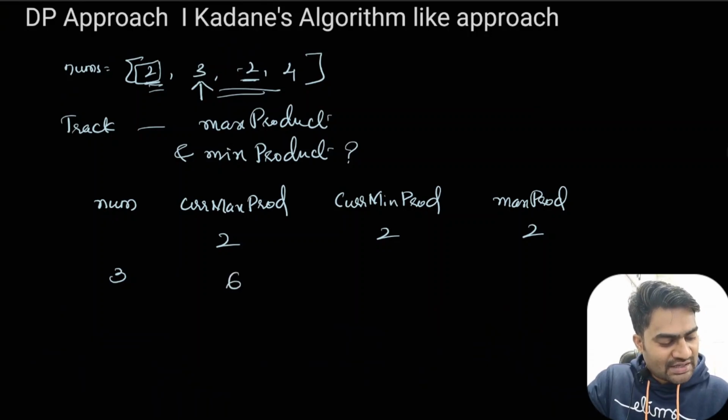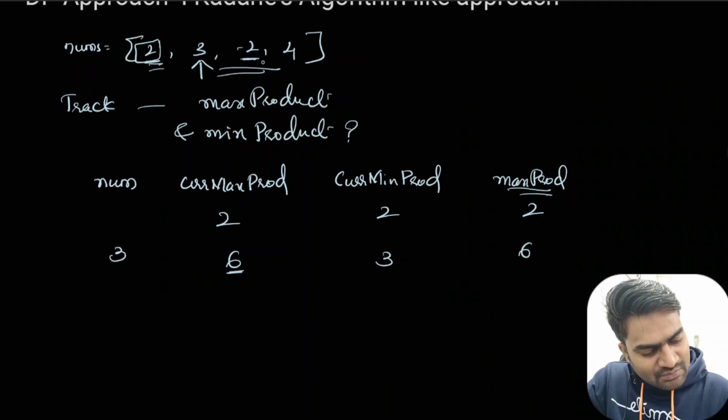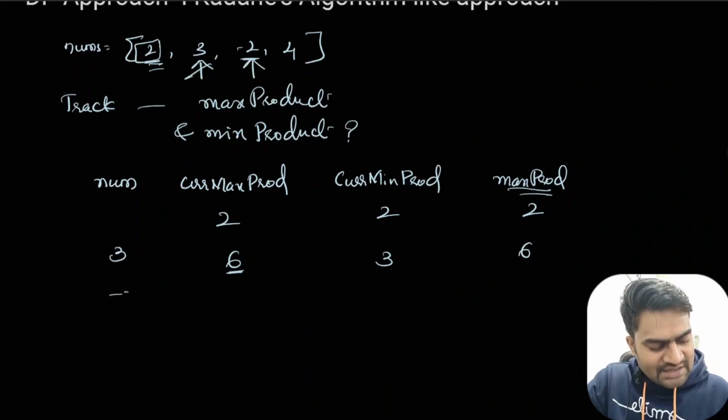Then for the minimum product, again I will take the current number and check by multiplying it with the current minimum product, which is 2. Out of these, 3 is minimum, so I will take 3 as our current minimum product. Now if you check, the current maximum product is greater than our maximum product, so I will simply update my max product. With this, I will move to my next number, which is minus 2.